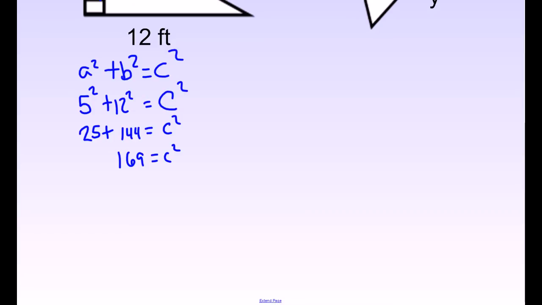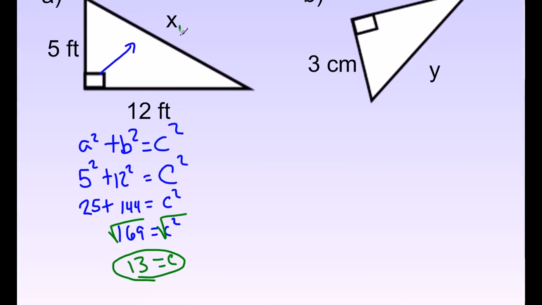This number might ring a bell from last chapter when we were talking about square roots. 169 is actually a perfect square, which is good because the way that I need to get this c by itself, the way we learn to solve this equation, is if we square root each side, the square root and the c squared cancel. So we have c equals 13. So the length of that side is 13 feet.